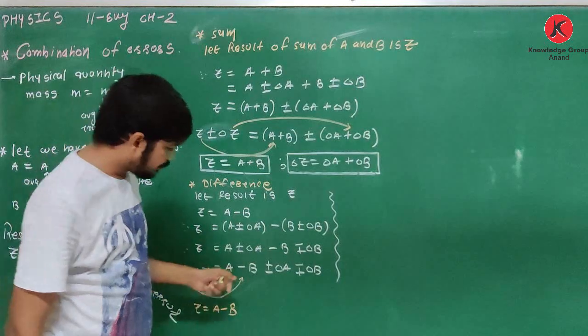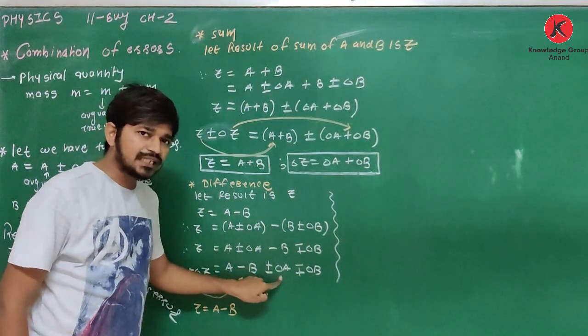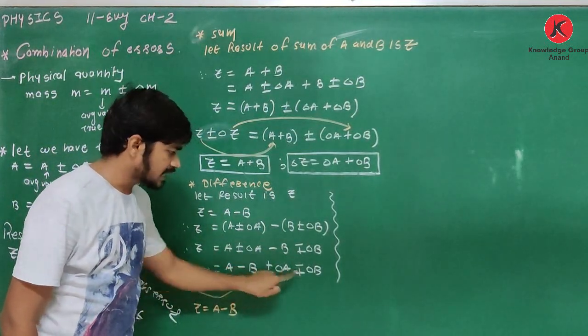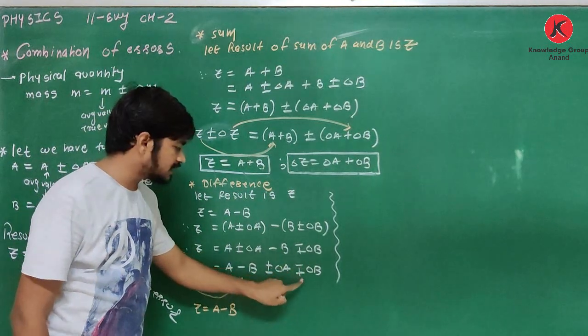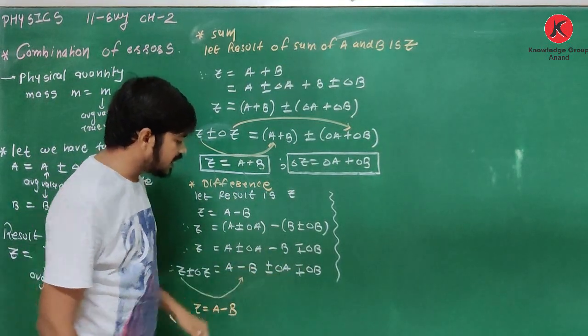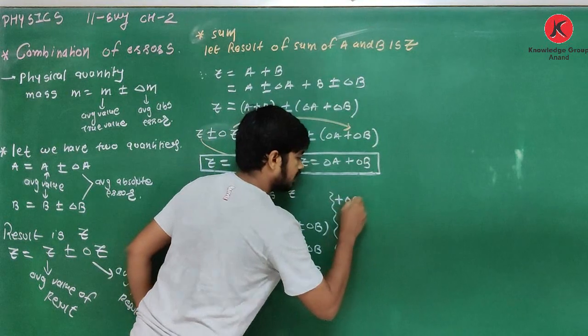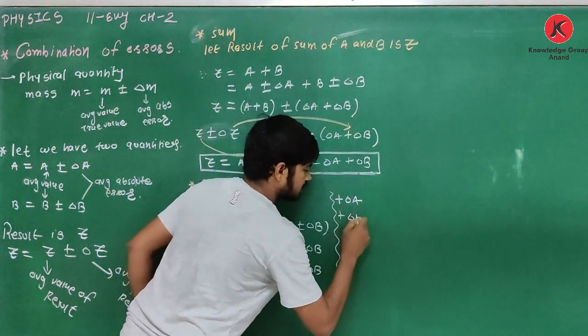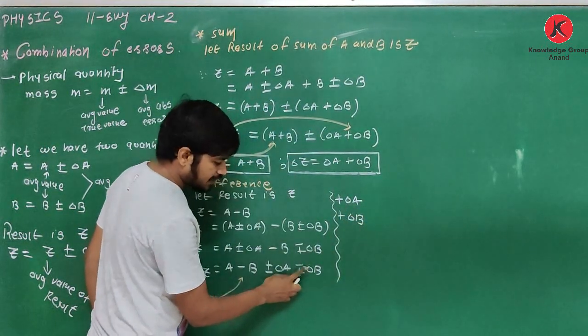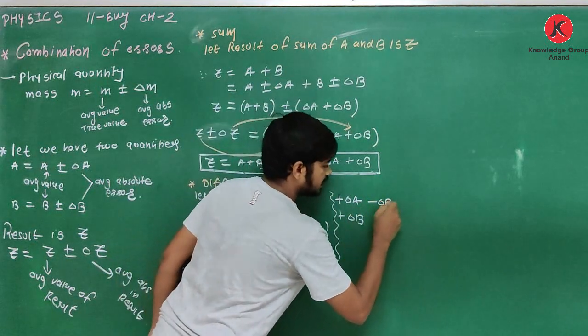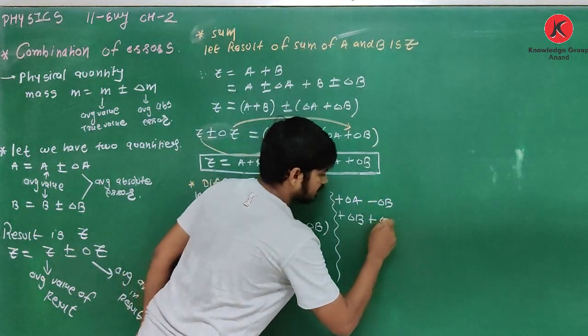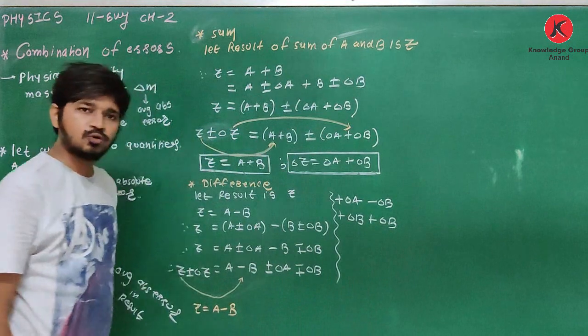First of all, for delta A, 2 signs are possible, plus and minus. For delta B, 2 signs are possible, minus and plus. First of all, I am taking delta A having a positive sign, so plus delta A. Now for delta B, first I am taking the sign minus delta B, and then I am taking the sign plus delta B. Any doubt? Okay.